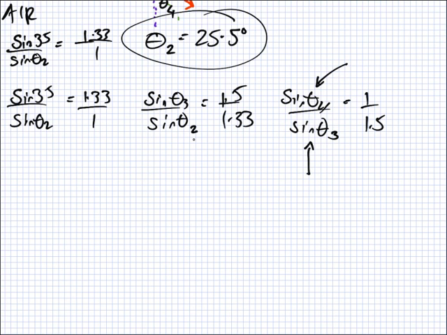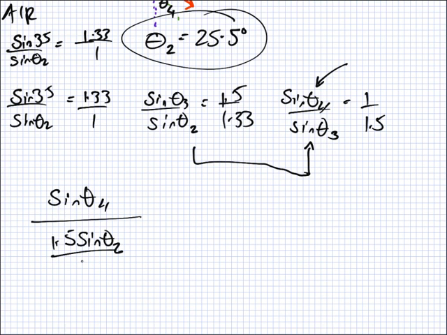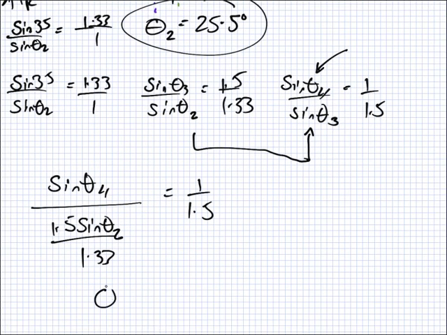So I can put this in here and say sine theta 4 over 1.5 sine theta 2 over 1.33. You see how I rearrange this one? Sine theta 2 coming up here, that's equal to 1 over 1.5. So theta 4 will be sine inverse.